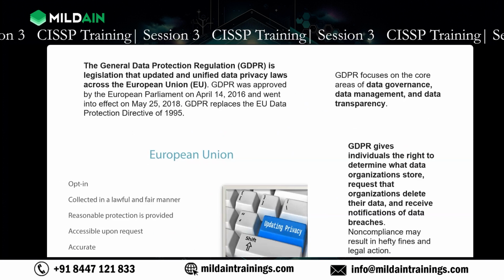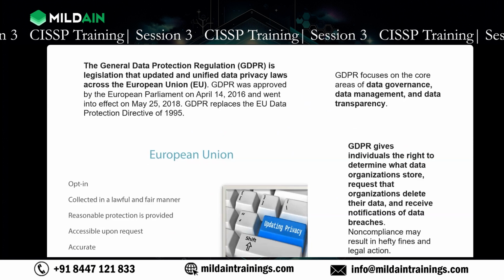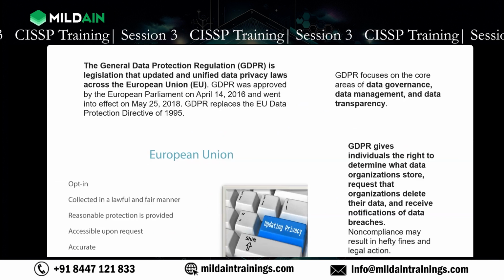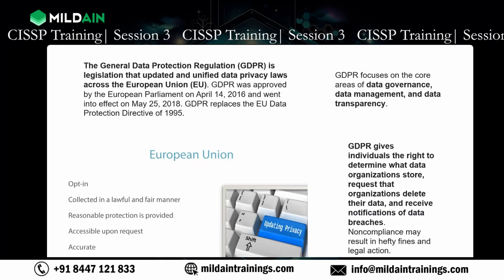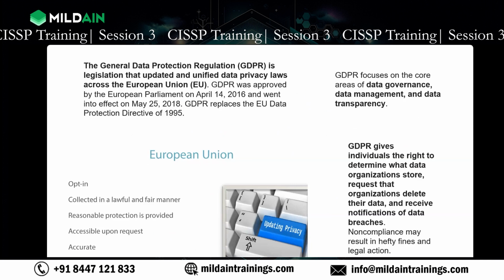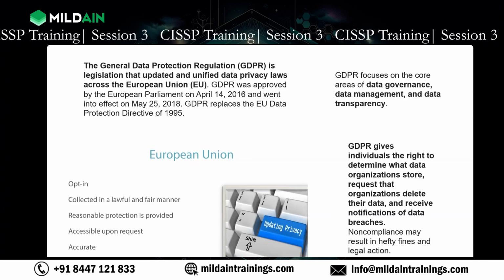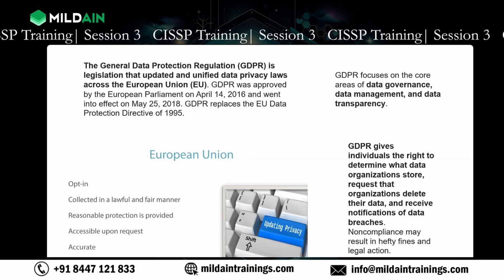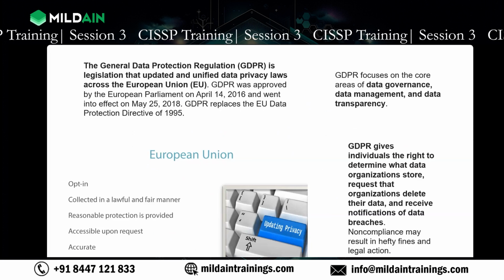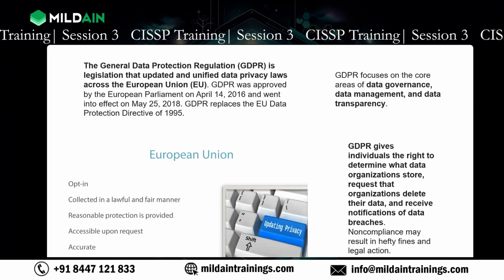It gives the right to determine what data an organization stores, to request the organization to delete that data, and to receive notification of a data breach. There are non-compliance penalties, with heavy fines if they are not following it. Meta has paid millions in fines, for Facebook and Instagram, because they had many privacy issues with the European government.